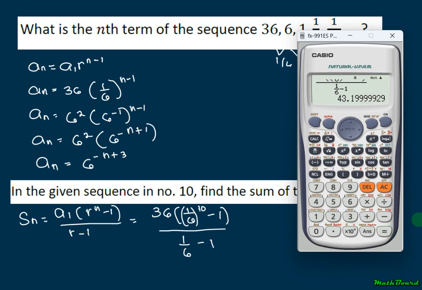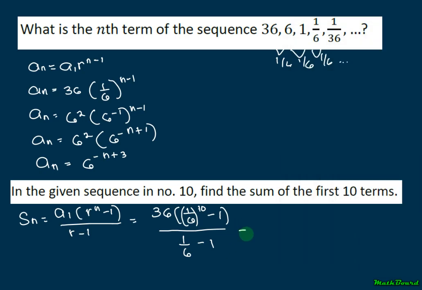And the answer is 43.19. Okay, so 43.20.